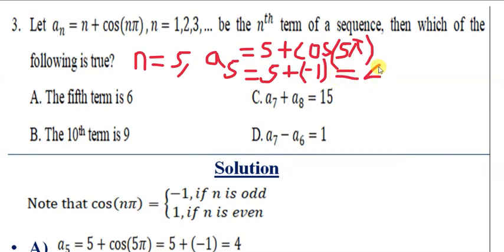It is not actually 6, and therefore this is false. This is not true.